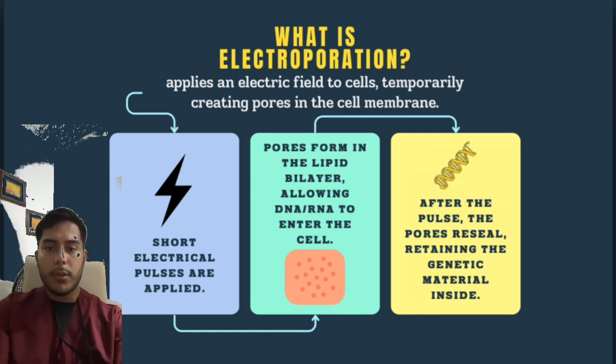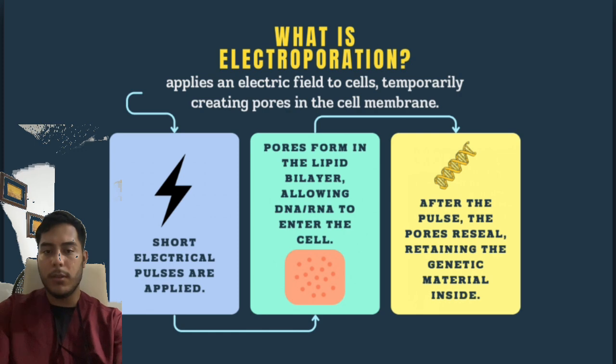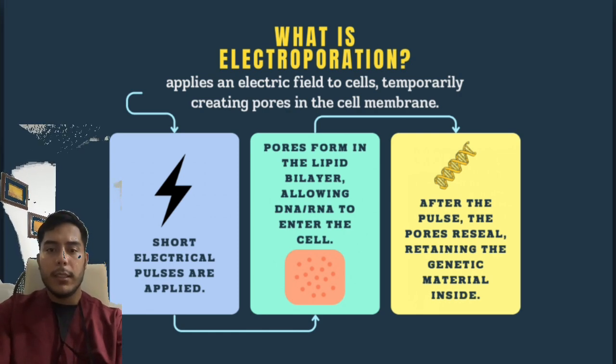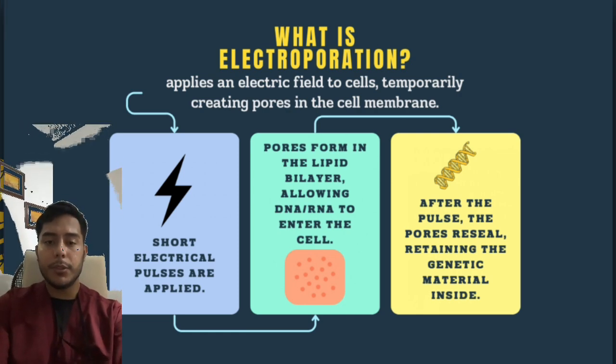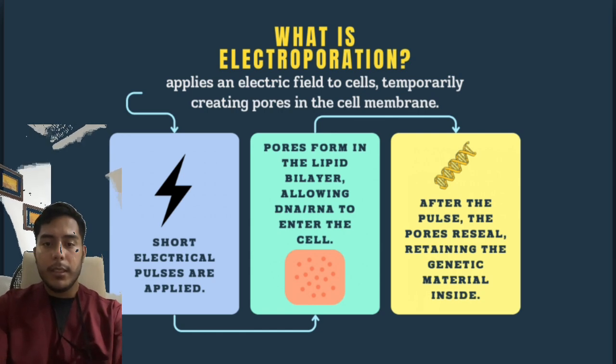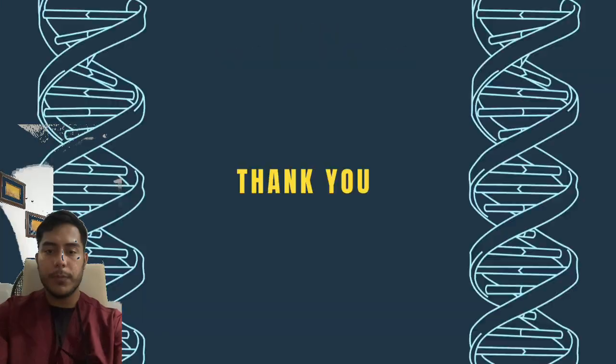As a result, pores form in the cell membrane, allowing genetic material such as DNA or RNA to enter the cells. Once the electric pulse is removed, the pores reseal and the seal retains the introduced genetic material. The genetic material can be integrated into the cell's internal machinery, enabling it to carry out its therapeutic functions.